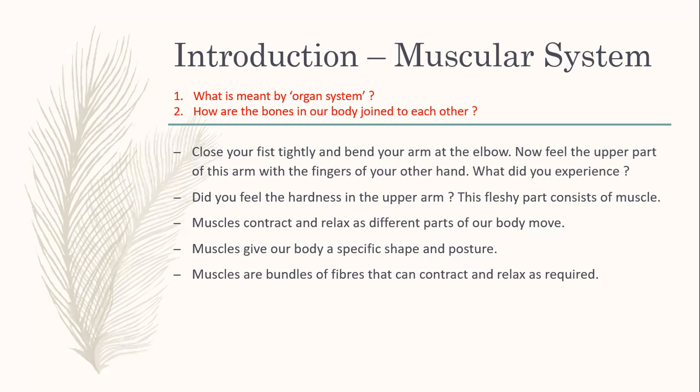You might have seen the guys who go to gym, they have huge shoulders as compared to girls or women. They have huge, bulgy arms. Now why is that? Because their muscles grow, and those muscles grow in a specific way. So when those muscles grow, they give a definite shape and posture to the body.